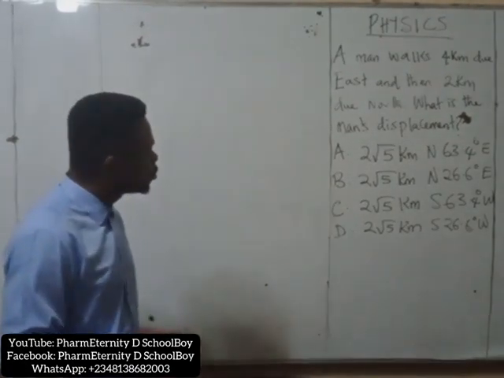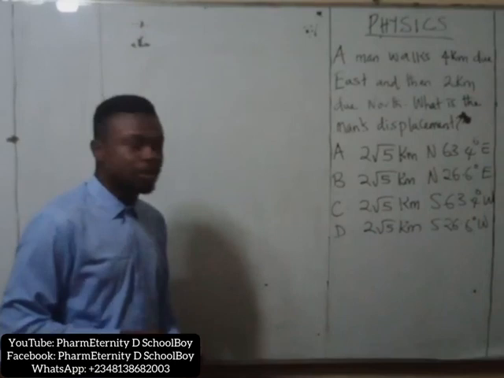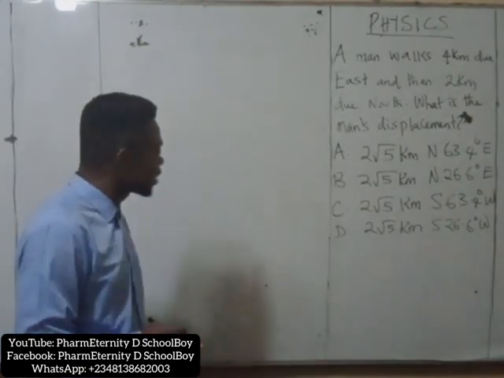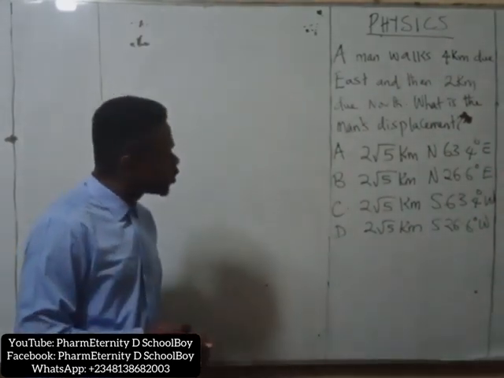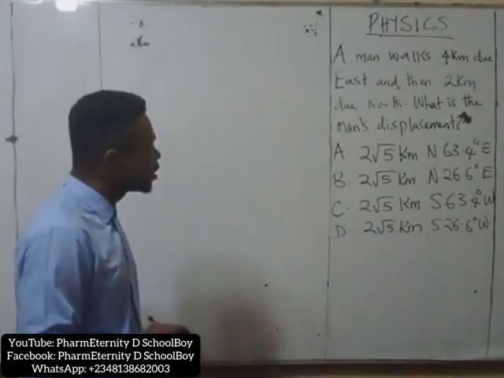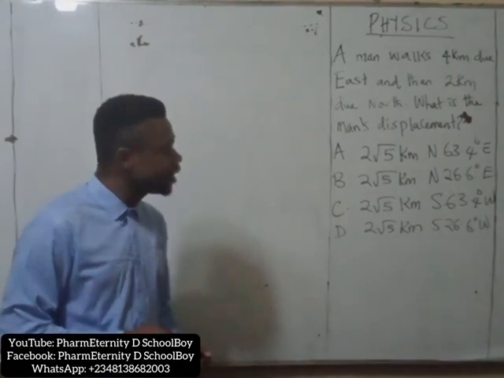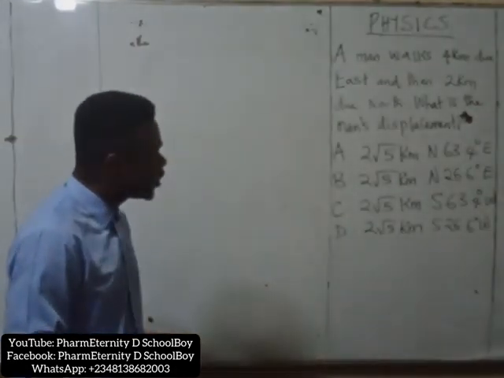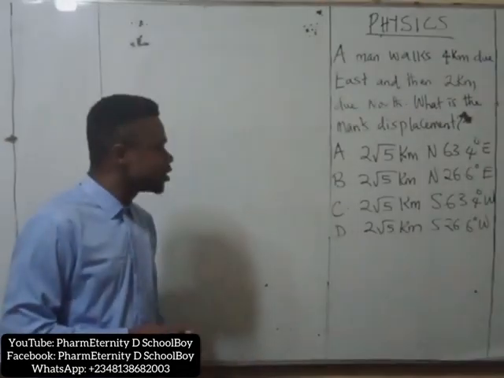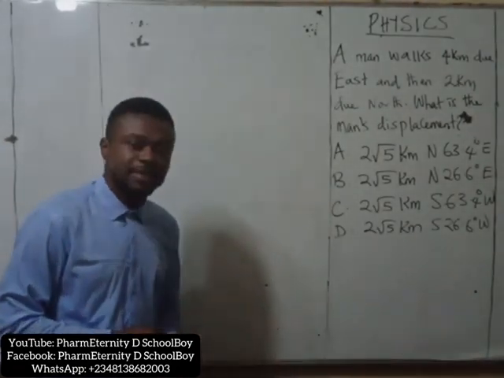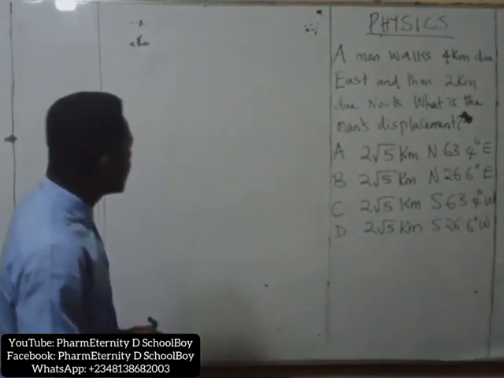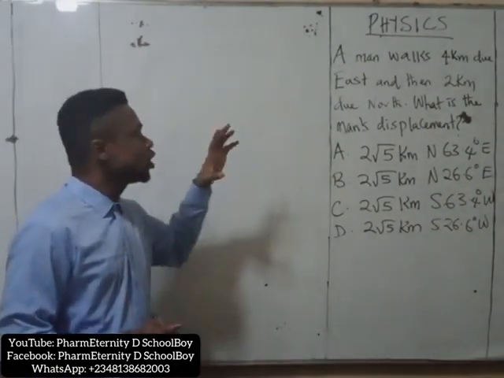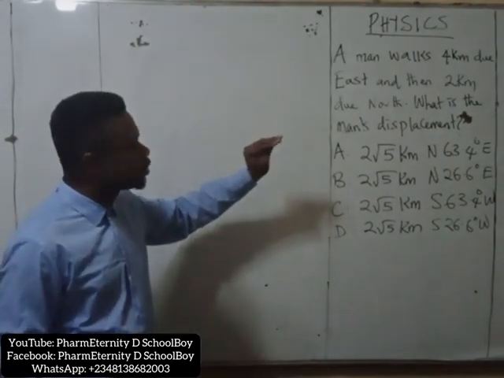B, 2√5 kilometers north, 26.6 degrees east. C, 2√5 kilometers south, 63.4 degrees west. D, 2√5 kilometers south, 26.6 degrees west.